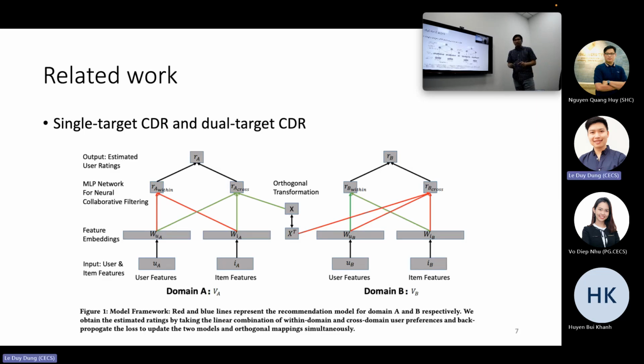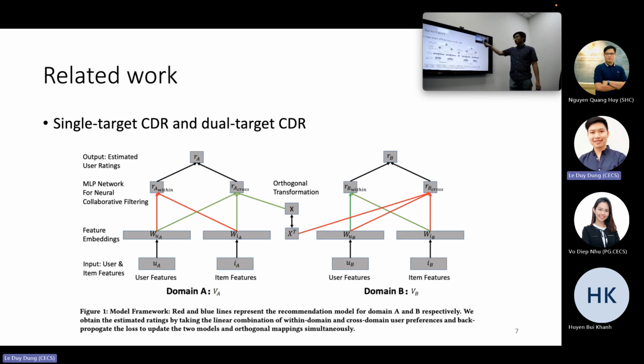For single target, as I mentioned before, we have multi-modality, so we have multiple information from multi-modalities. They concat and fuse the information and output only one objective.